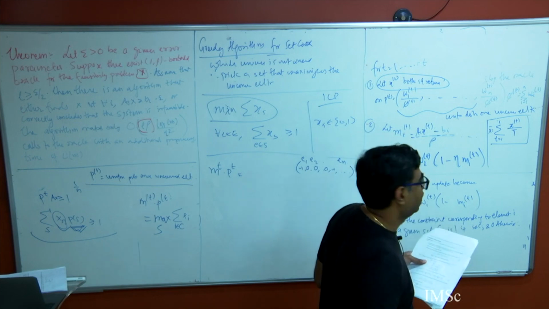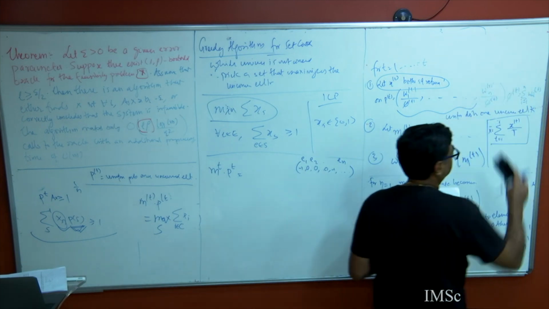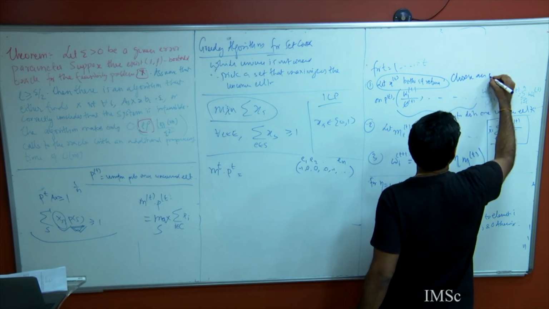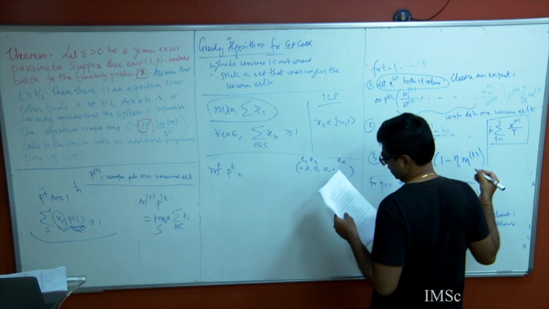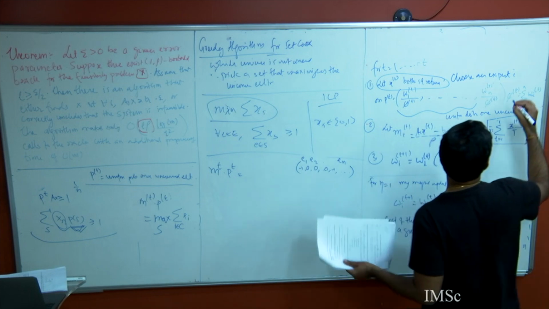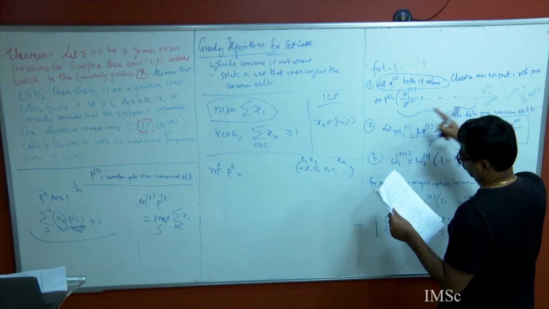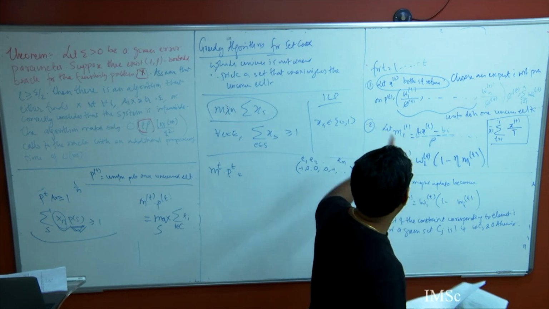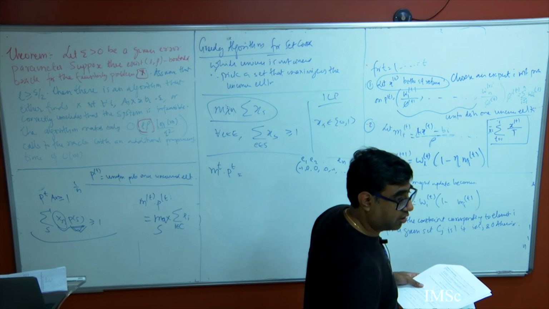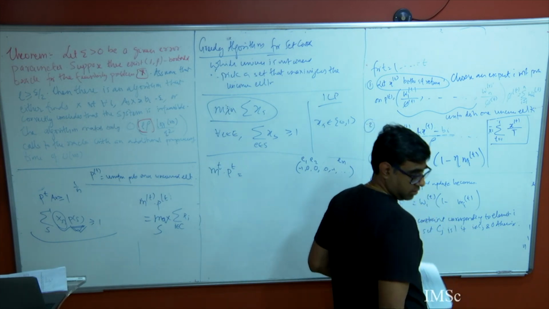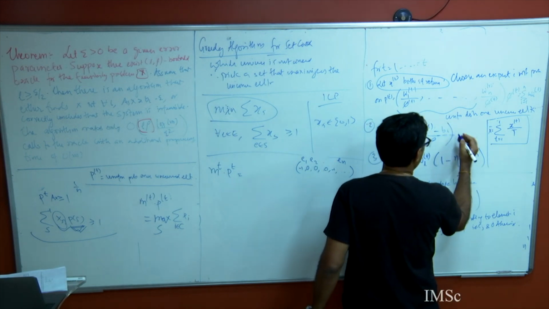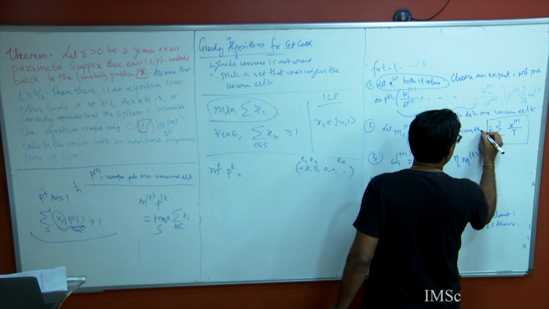You basically say, choose an expert i with probability proportional to this vector, and observe the cost of the decision. So we said here, leave it here, observe the cost of the decision.